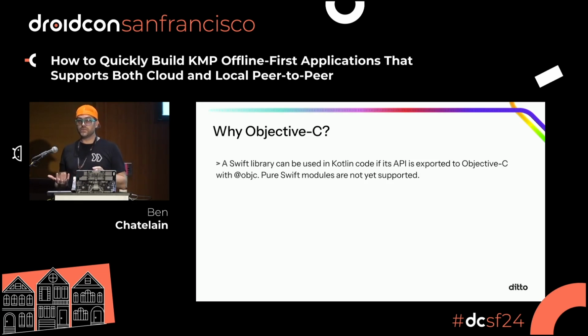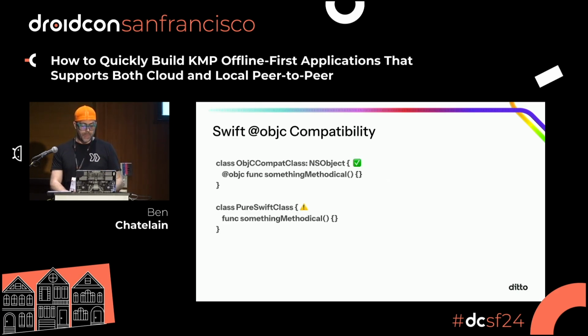There are some of the coolest features of Swift that you can't use if you're compatible with Objective-C. So the bridging between Objective-C and Swift is way more complicated than Kotlin and Java. Pure Swift is not supported, but if it's compatible with Objective-C, or it's Objective-C itself, or C, you can use it in Kotlin multi-platform.